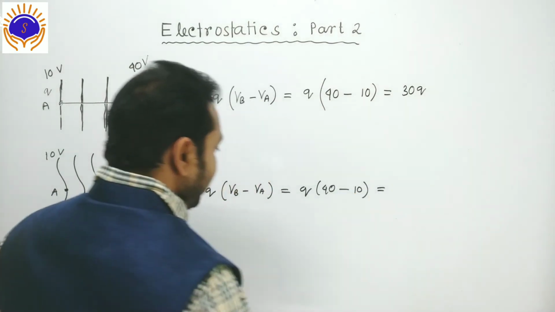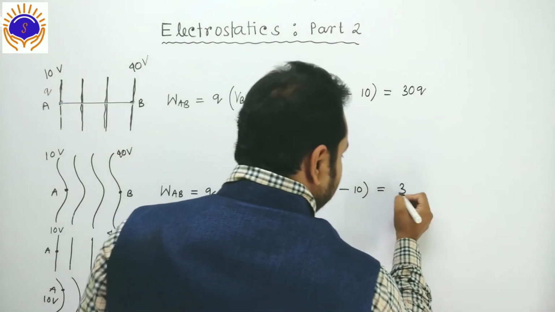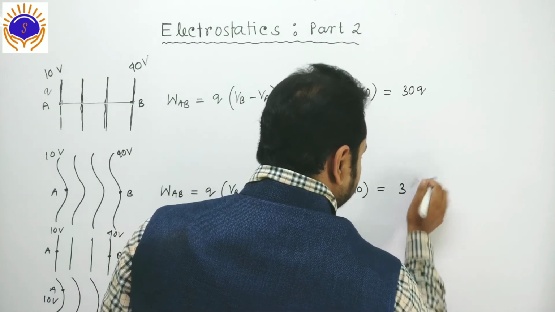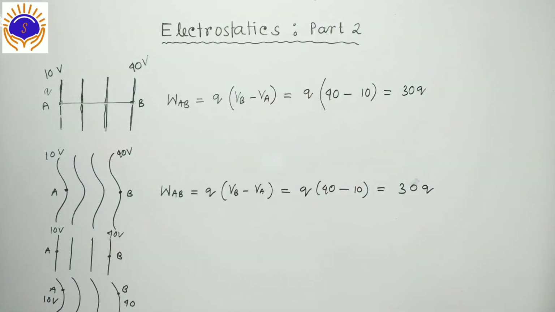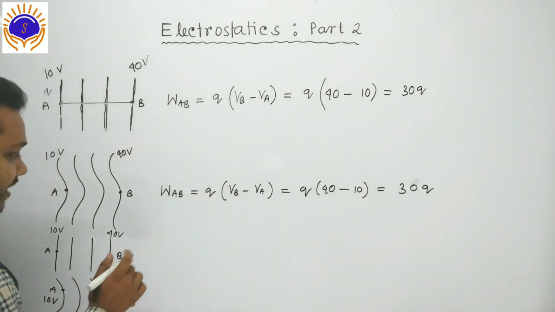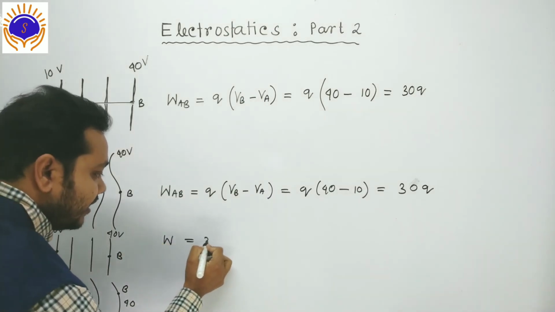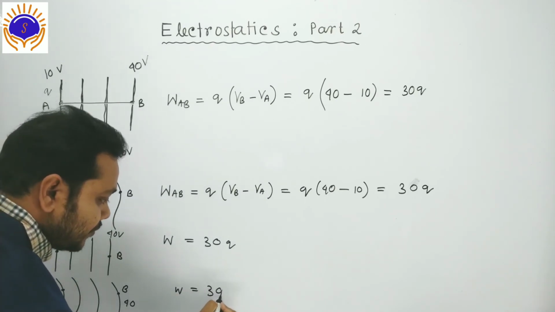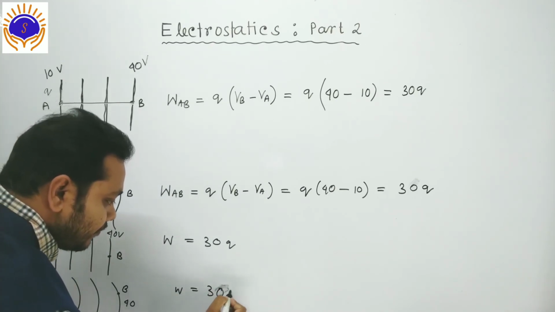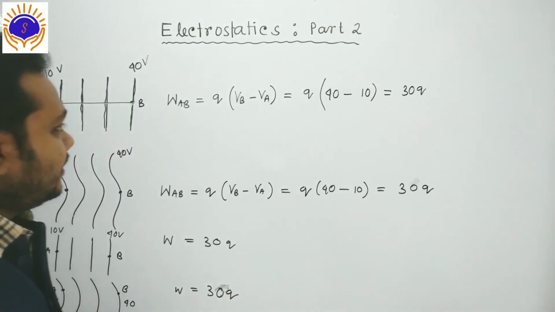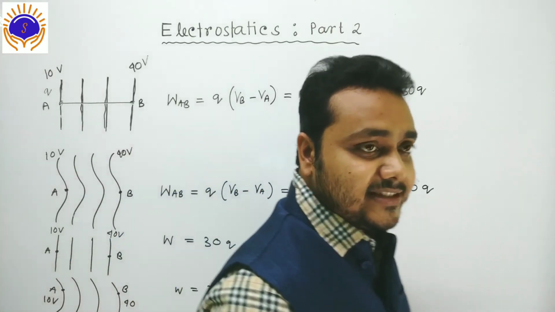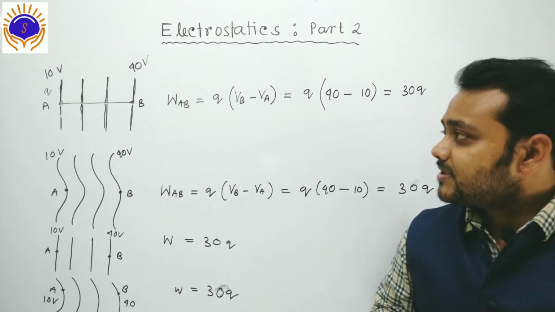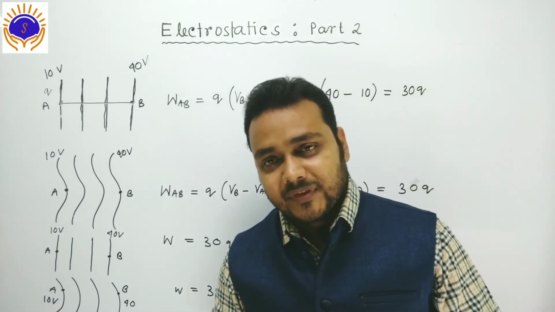So here you will get 30 Q. If you calculate work done similarly, in each case you will get work done 30 Q. So for all the diagrams, the work done is the same.